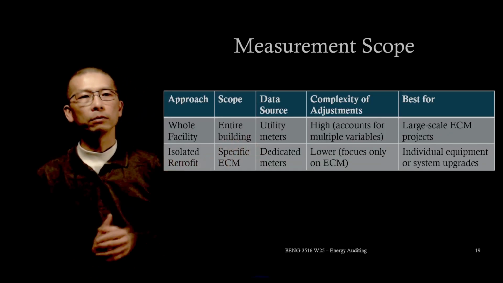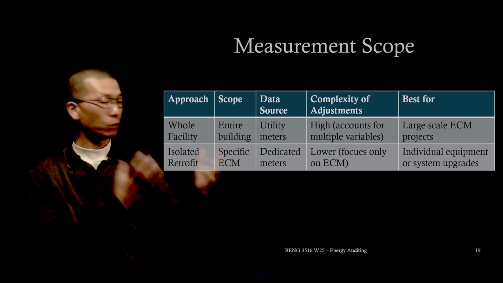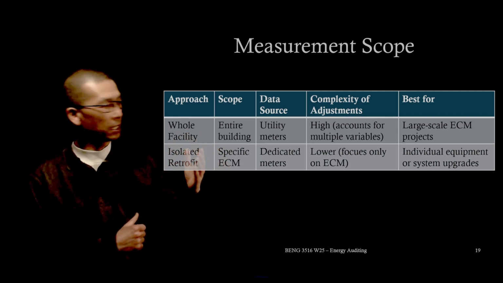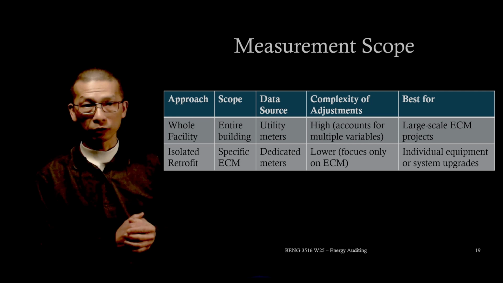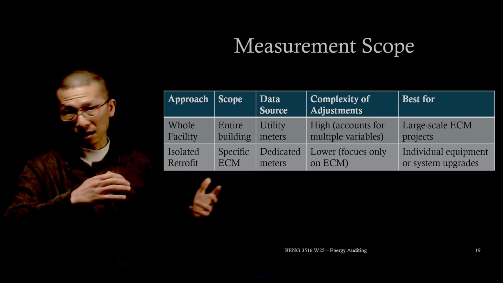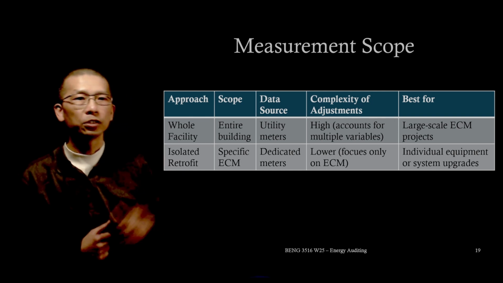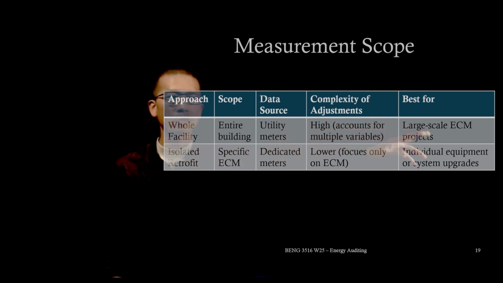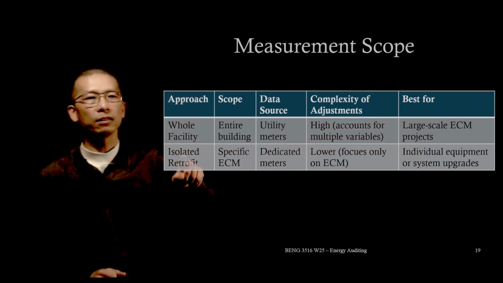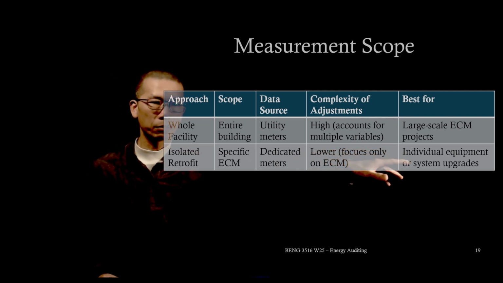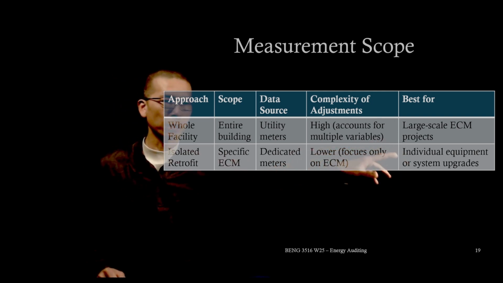So here's a table to compare the two key scopes, whole facility and isolated retrofits. There are different options that we will discuss later. Whole facility is best for large-scale ECMs, isolated retrofit for individual equipment or systems.